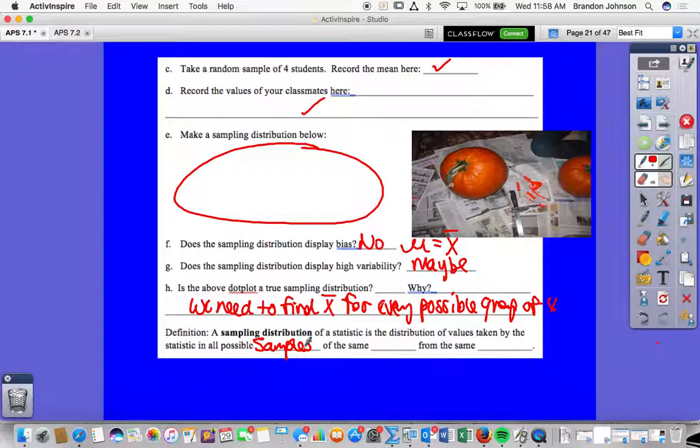Of all possible samples of the same what? Size. Each time you selected it, how many did you choose? 4. So it has to be the same size. You couldn't do 4, 5, 6. You have to all have the same one. And from the same population. You rock. Good. Okay.